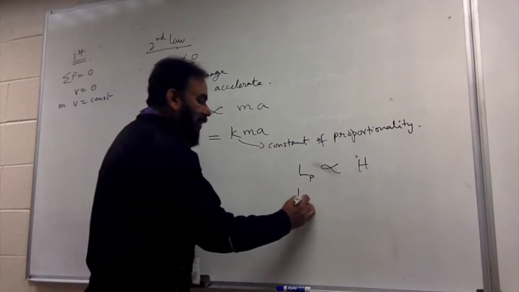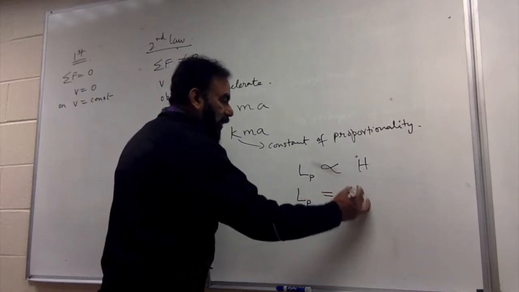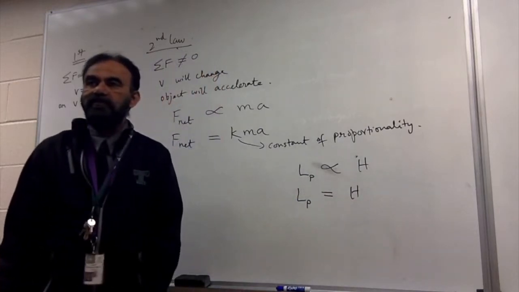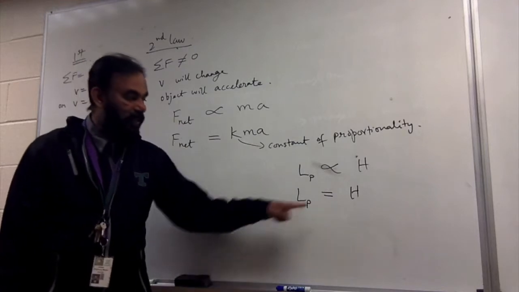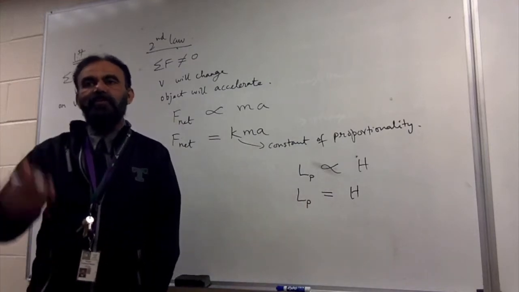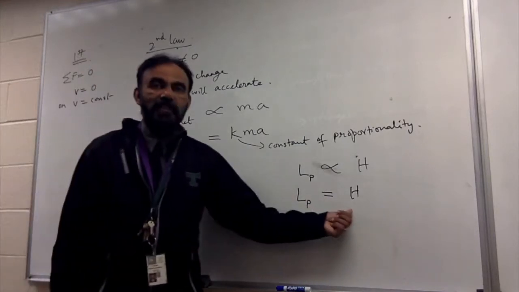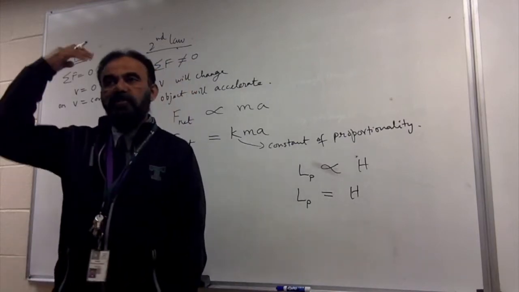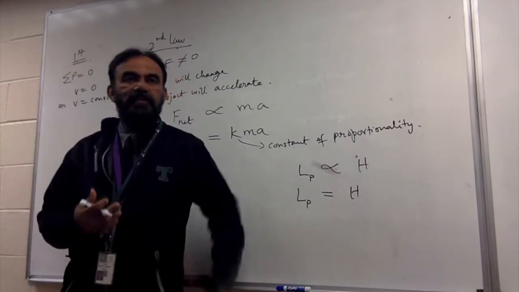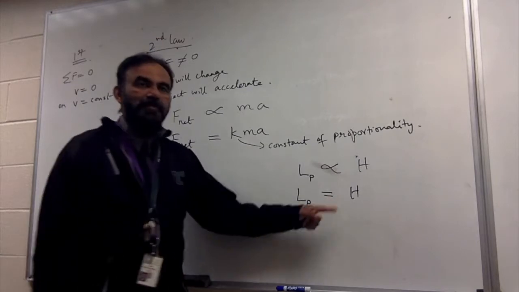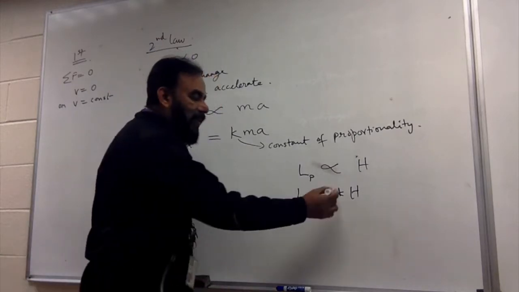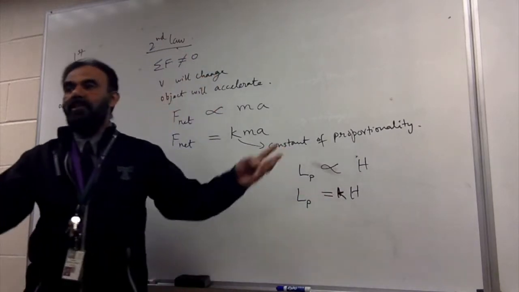But can I just say the length of a pant is equal to the height? That is definitely wrong, mathematically wrong. When you're putting an equality sign, then you're going mathematical. The height of a person is something and the length of the pant is something else. So definitely there must be a constant sitting here. Once you put that constant, then it becomes an equation.